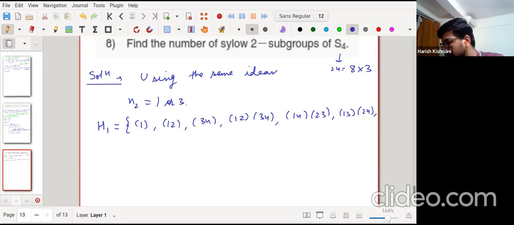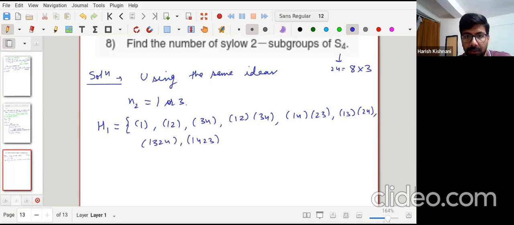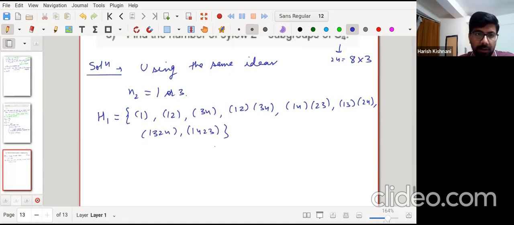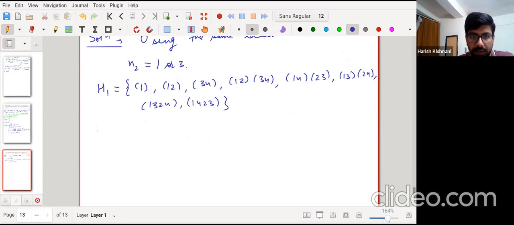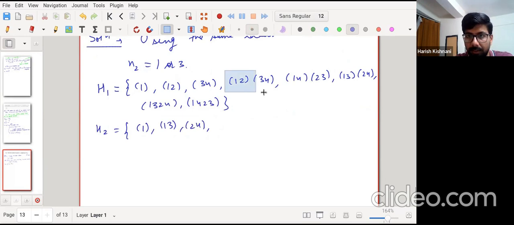It should have order 8, right? It's a Sylow subgroup, so it should have order 8, the highest power. (1 3 2 4) and (1 4 2 3). So one is this, and whether you have (1 2), then (1 3 2 4). These three elements are the same.